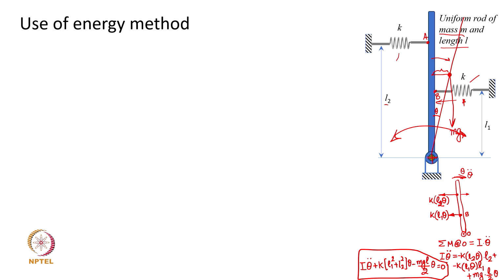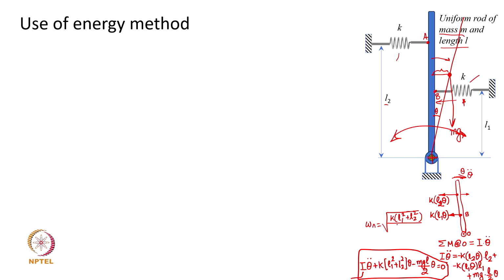Only the springs will come into action, and then the natural frequency, if the rod is assumed horizontal and the motion is in the horizontal plane, will be k times L1 squared plus L2 squared divided by the mass moment of inertia of the bar.